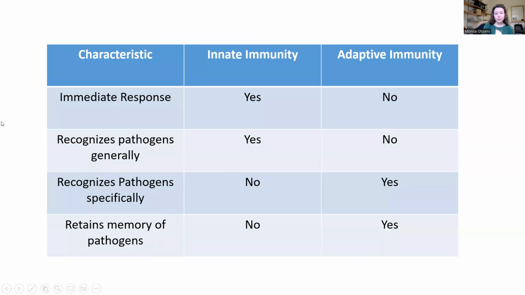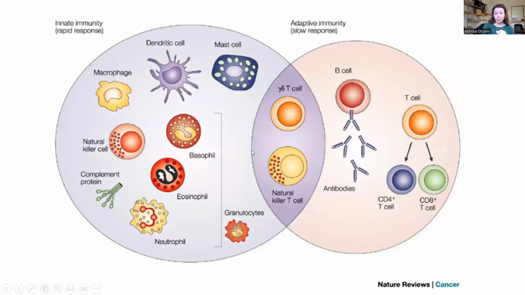Okay, so here's a little chart summarizing some differences. Are they immediate? Innate immune cells are. Adaptive immune cells take time, about 2 weeks. Recognizes pathogens generally? Yes. So for example, a macrophage can tell a bacteria apart from a virus.